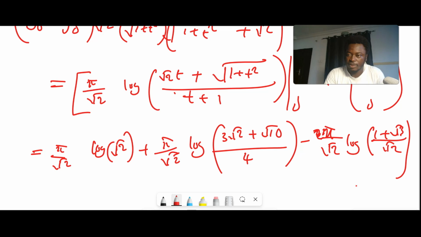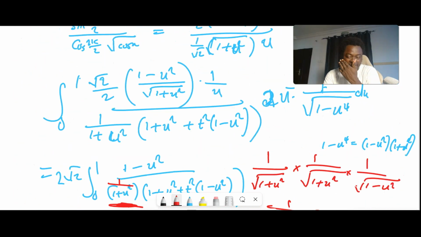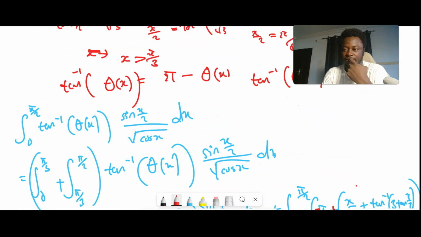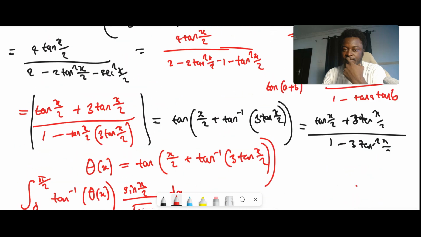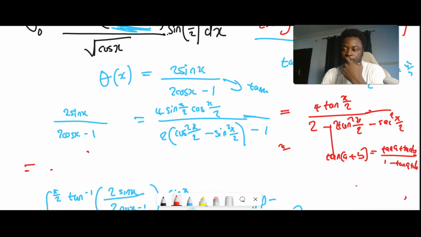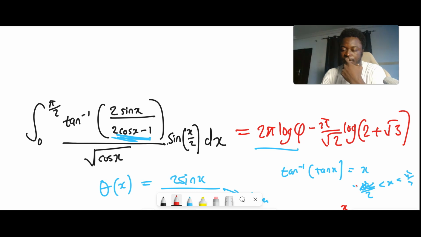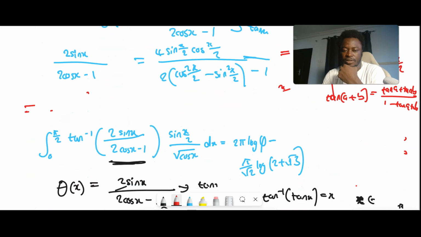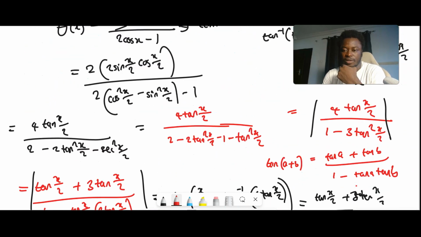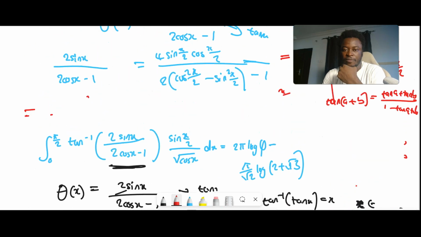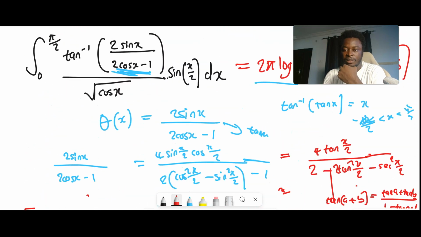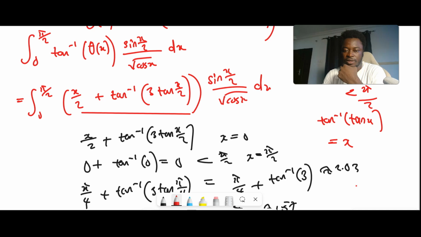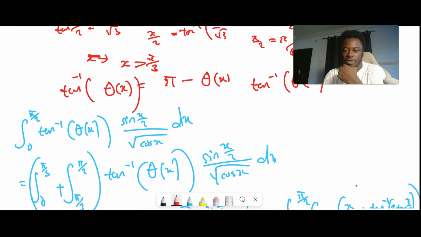So let's do a brief recap of all that we did towards solving this integral. First off, we started with this integral to solve. I think this was the first video I tried to make, then I made a mistake and tried to remake it again.